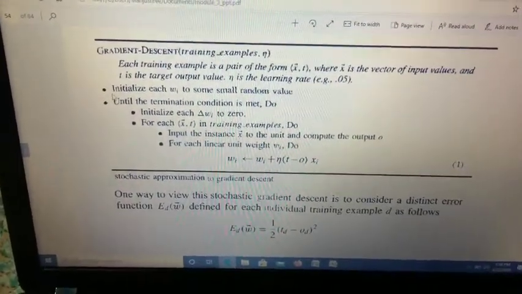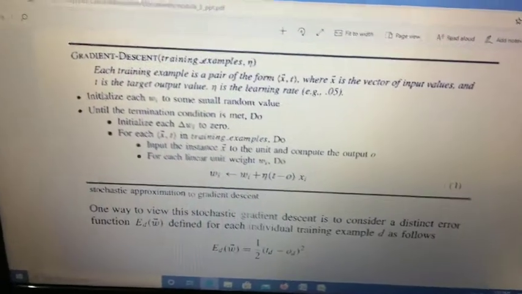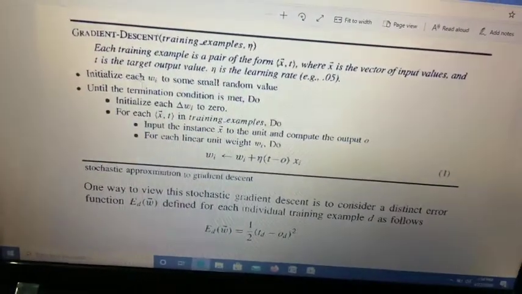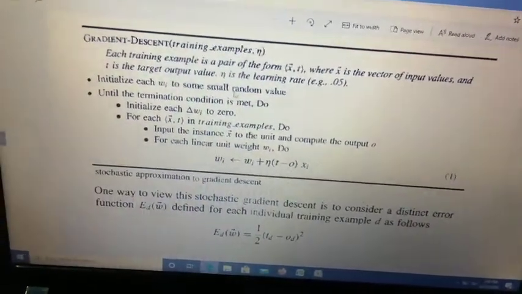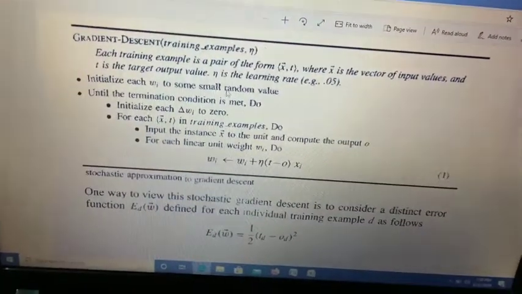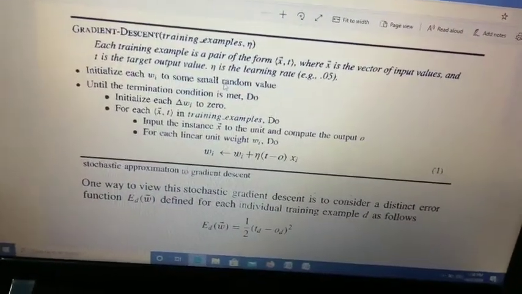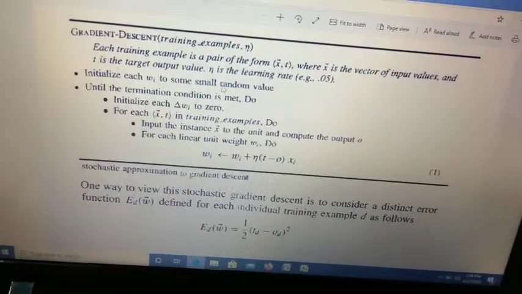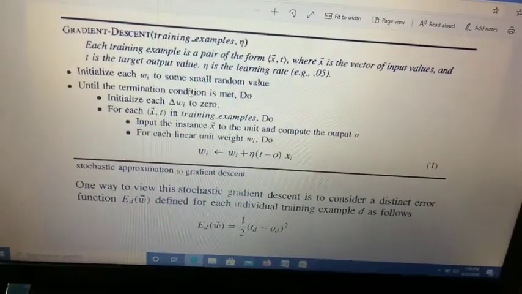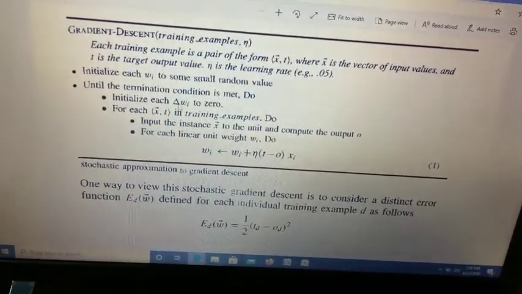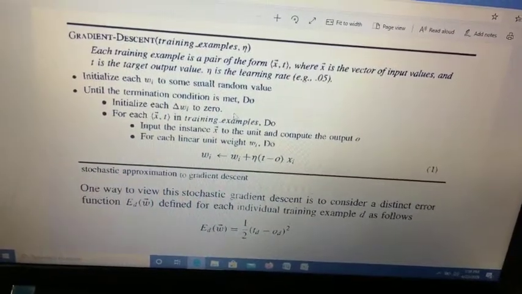The next step in the algorithm is to initialize each wi to some random value. We know that in a gradient descent, we initialize wi, that is the weight, to some random value. Until the termination condition is met, initialize delta wi to a 0 value.